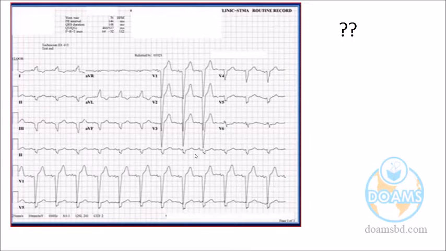Actually, there is a deep S in V1 and V2. Okay, so we need to see the opposite leads, V5 and V6.